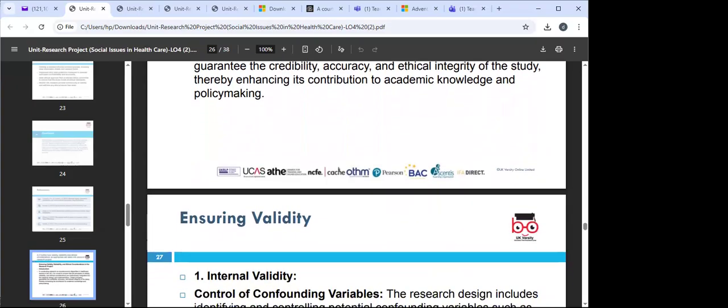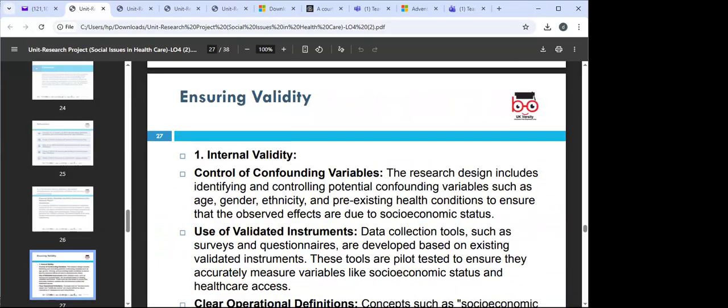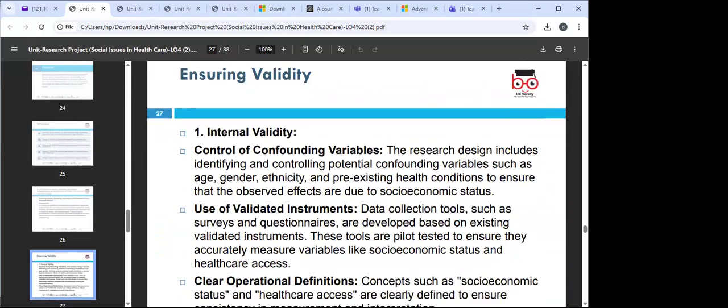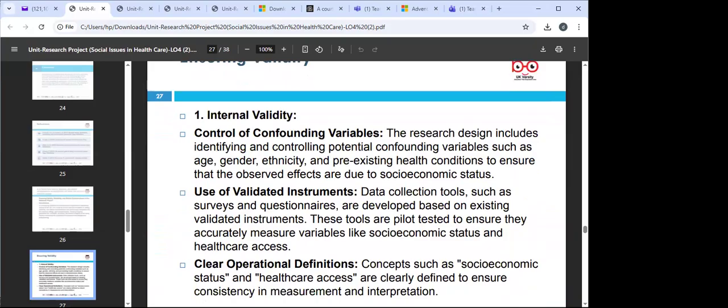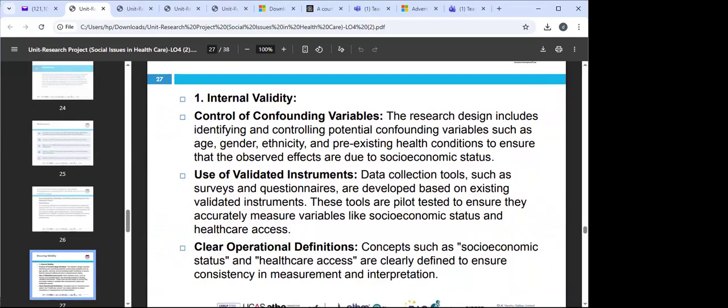Ensuring validity, internal validity, control of confounding variables. The research design includes identifying and controlling potential confounding variables such as age, gender, ethnicity, and pre-existing health conditions to ensure that the observed effects are due to socioeconomic status.